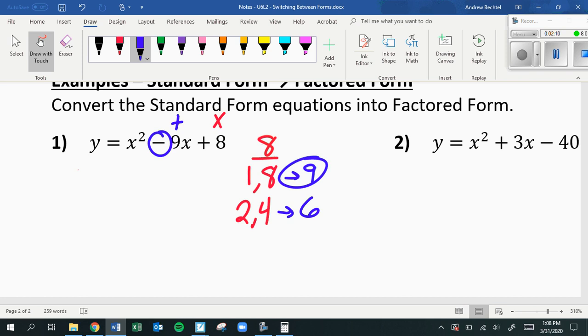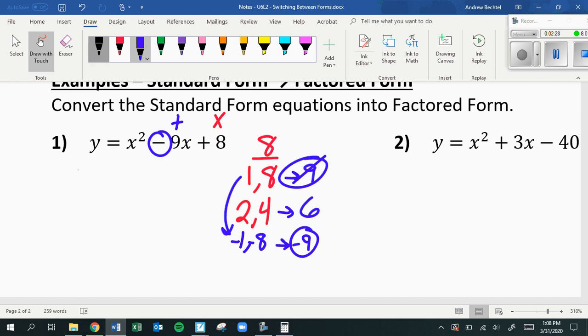We want to remember when we look at these factors of 8 that a negative 1 and a negative 8 could still multiply to give us a positive 8. But when we combine those, we get the negative 9 that we're looking for, not the positive 9.